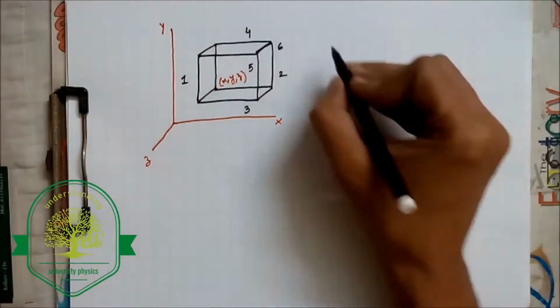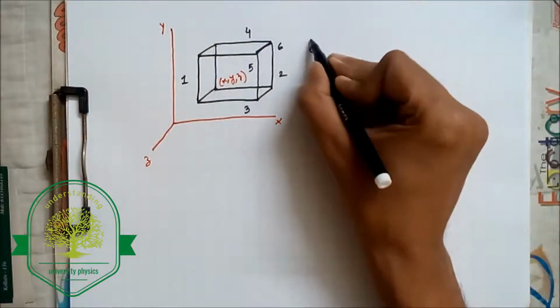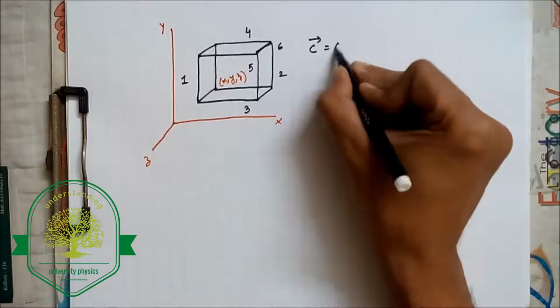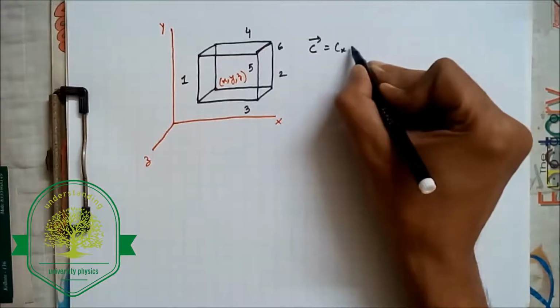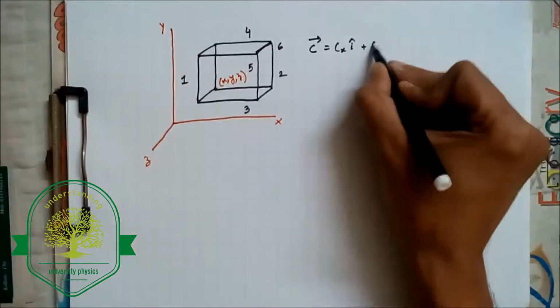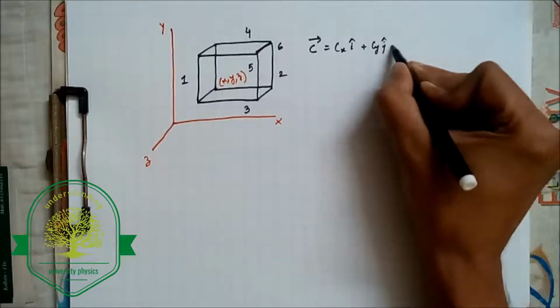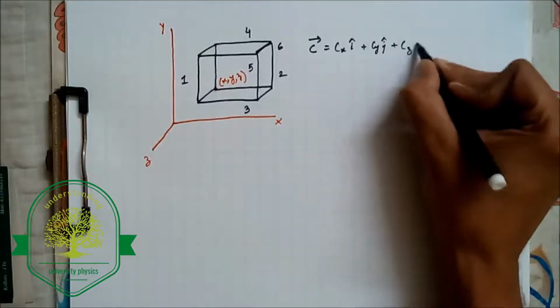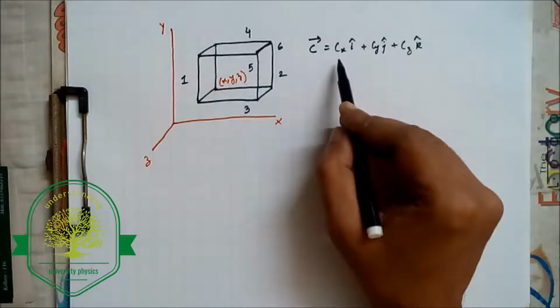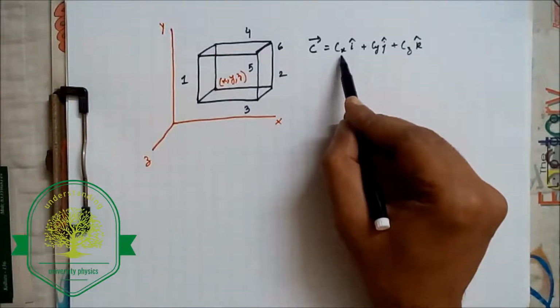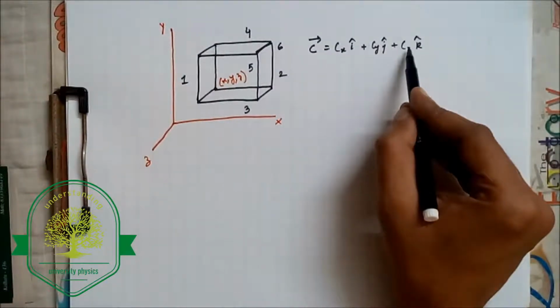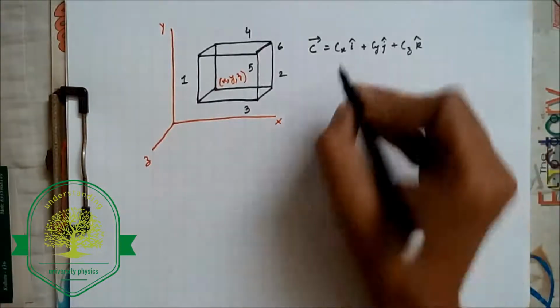So let us consider a vector field. Say it is given by C, and say it has components Cx i plus Cy j plus say Cz k. I have not written it out explicitly, but Cx, Cy and Cz, they are all functions of position, that is x, y and z.